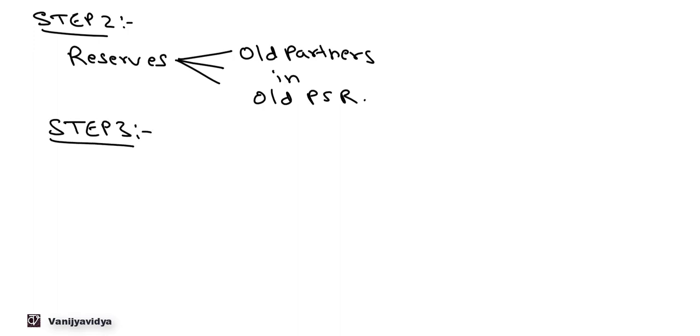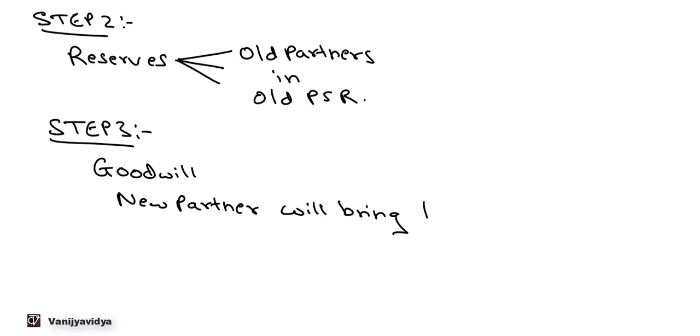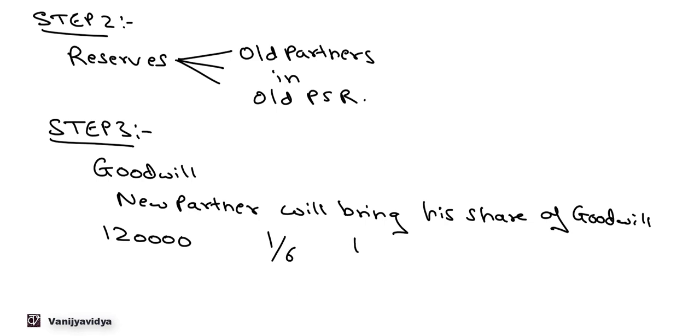is goodwill. So goodwill, now the new partner will bring his share of goodwill. Say the total value of the goodwill of the firm is 1,20,000 and the new partner's share is 1/6, then 1/6 of 1,20,000, that is 20,000, will be brought in by the new partner.